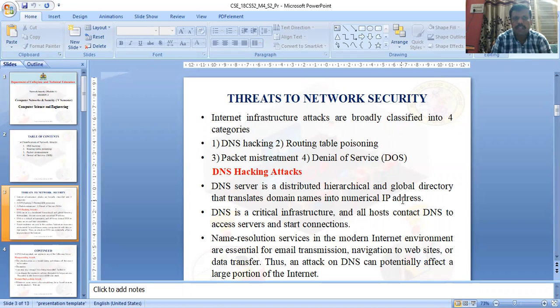The websites are for academic purposes, and the servers are maintained by VTU and registered under domain names like vtu.ac.in. So it belongs to India, and the hierarchy is followed: India, Karnataka, then Belgaum, where the VTU servers are maintained.